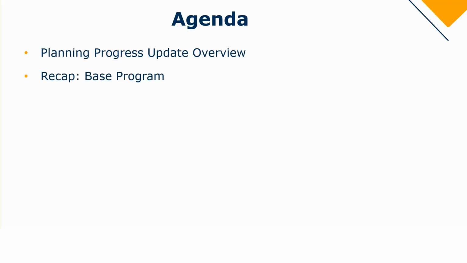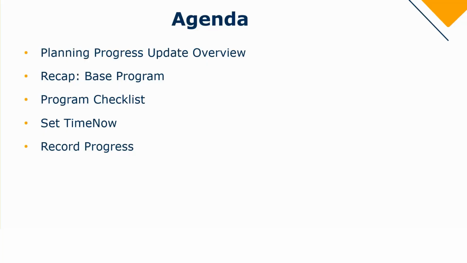So on the agenda today, we're going to look at the Planning Progress Update overview. I'm going to recap on what a base program is. We're going to run through the program checklist. I will show you how to set the time now in Candy and also explain what that means.